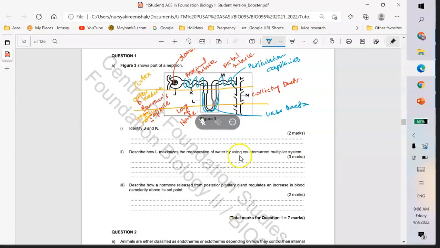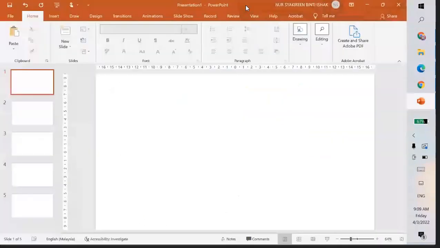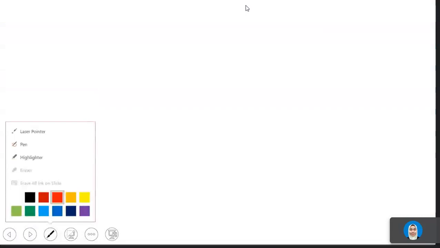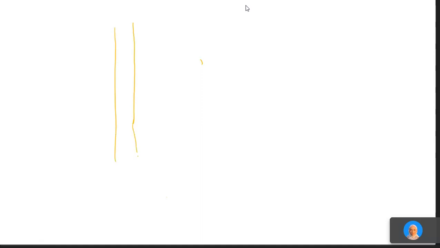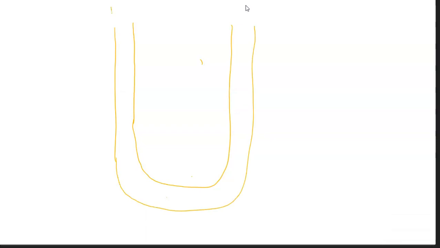So if I were to draw this, okay, in order for you to be able to understand how it occurs on the counter-current multiplier system, okay, saya guna warna maroon lah. So maroon, boleh yang kat sini ya. Okay, so here you have the descending limb of loop of Henle.